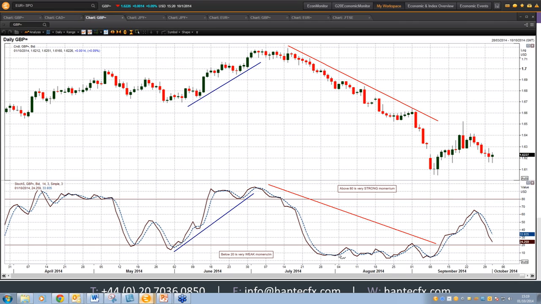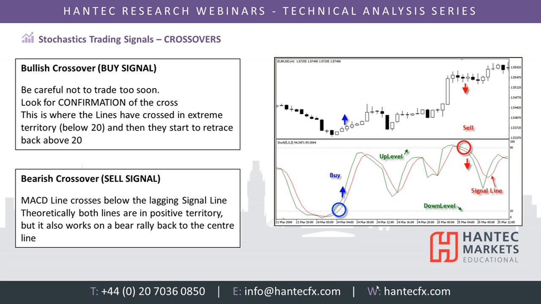However, you actually get a series of crossovers through here, but you only get the confirmation of the crossover when the blue line, that is the signal line, crosses above the 20 line. So back on here, that is where this red line crosses above the 20 mark. In fact, this one's set at 10, but again, that would depend on how liquid the market you are trading is.